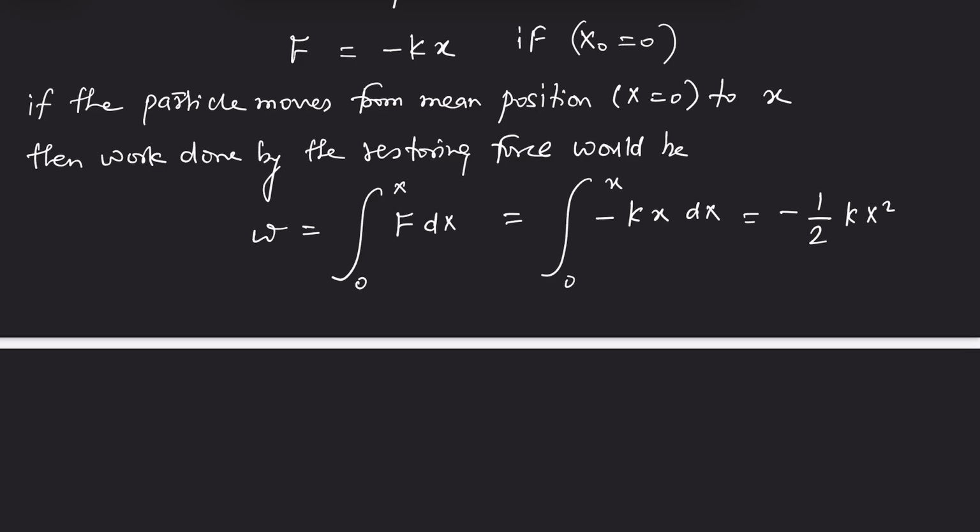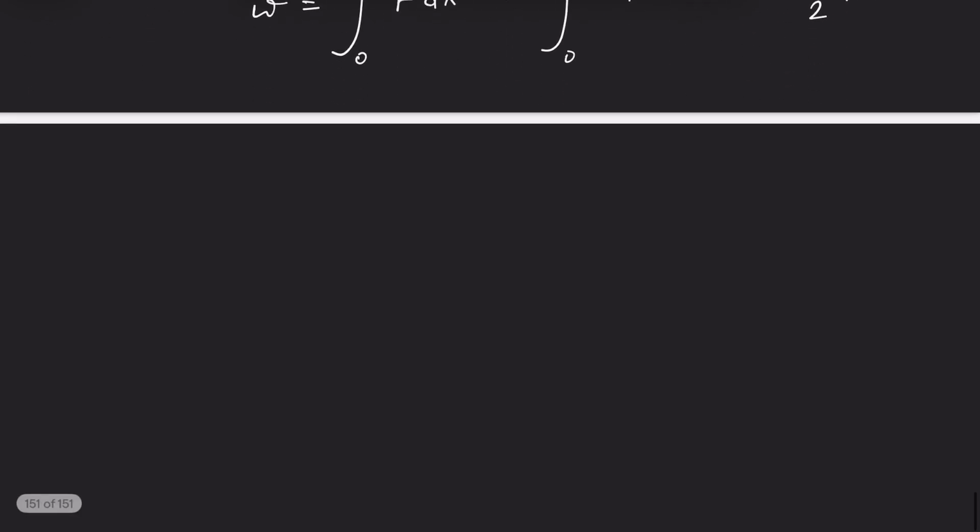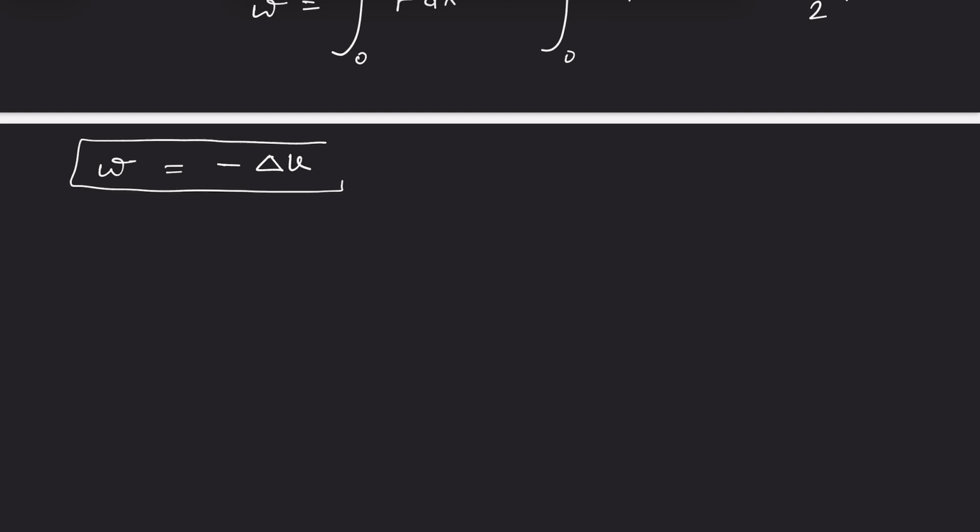Now we know that this force is a conservative force. If a force is conservative, then the work done by the conservative force is equal to the negative of the change in potential energy. In the work and energy chapter you have read this.